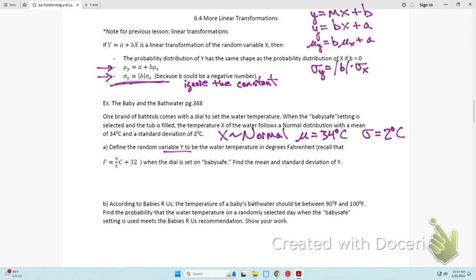All right? So let's write this, since x is normal and y is dependent on x, y is normal too.